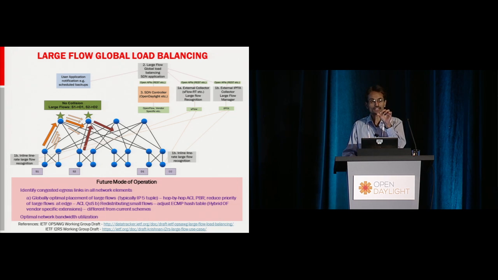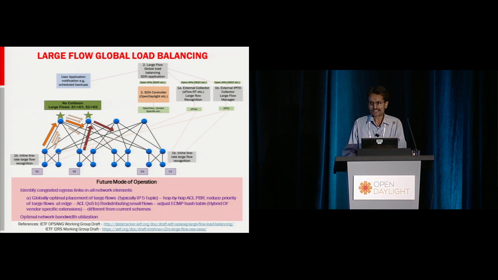So essentially the large flow is using an ECMP link, so then you don't send so many small flows or other flows using that link, right? You steer them towards the links where there are no large flows. That's the key idea here.